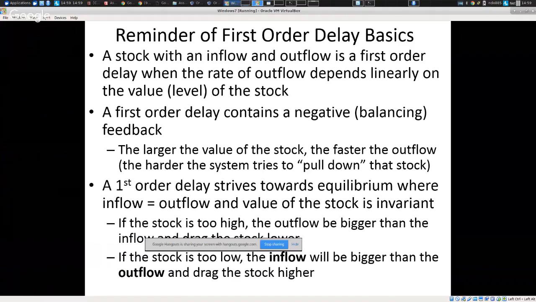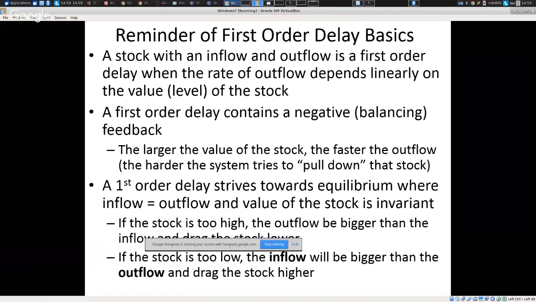That's a plus link. And that flow is an outflow, so it lowers the value of the stock. So you could think of the flow as having a negative link back to the stock. The bigger the outflow, the smaller that stock will be, all other things being equal, compared to the value it otherwise would have had. So a first order delay is associated with the balancing feedback.